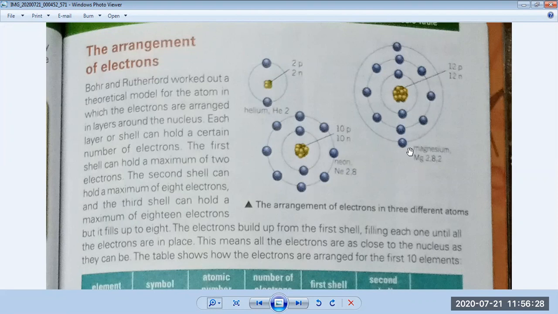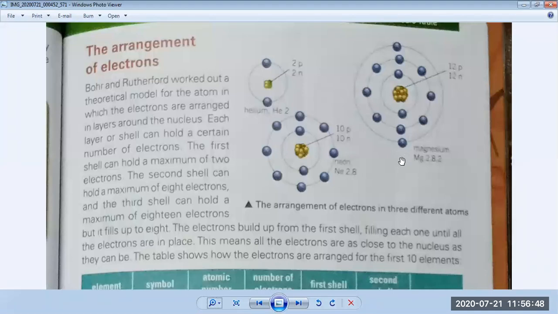What will your answer be? Your answer will be 32. It means if we draw the fourth shell around the nucleus, it can accommodate 32 electrons. Then if we need to draw the fifth shell, the fifth shell is called the O shell.